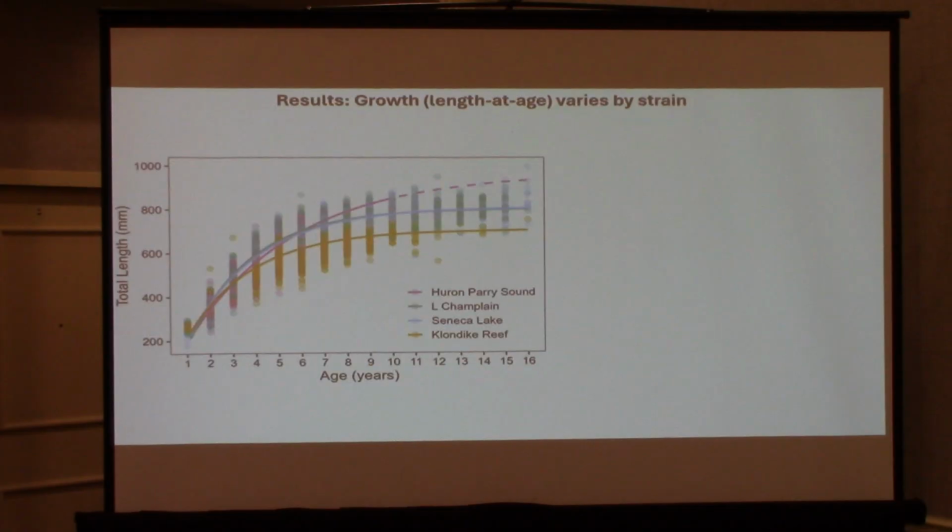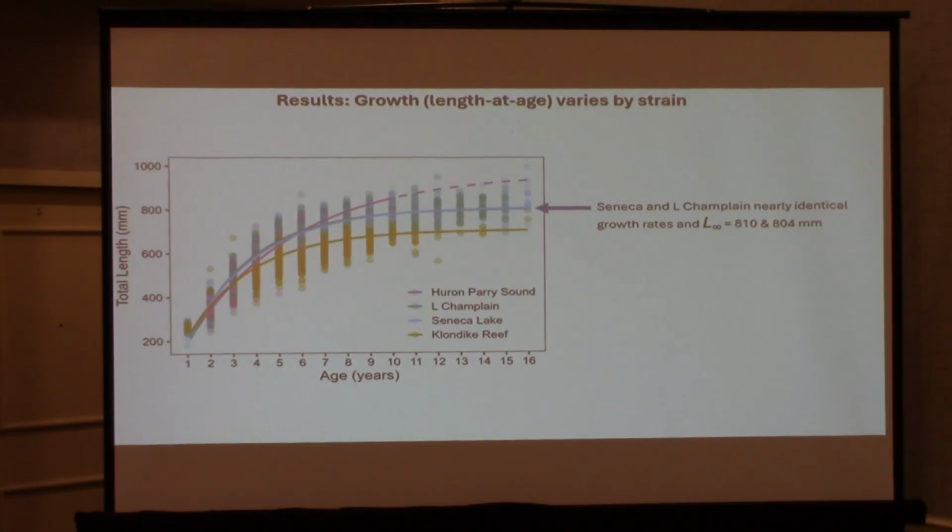Growth. As mentioned earlier, the Klondike Reef strain, thought to be a humper type strain, is supposed to show a lower maximum length at maturity. And what you can't really see too well in the graph here is that Seneca and Lake Champlain were nearly identical in terms of their theoretical maximum length.